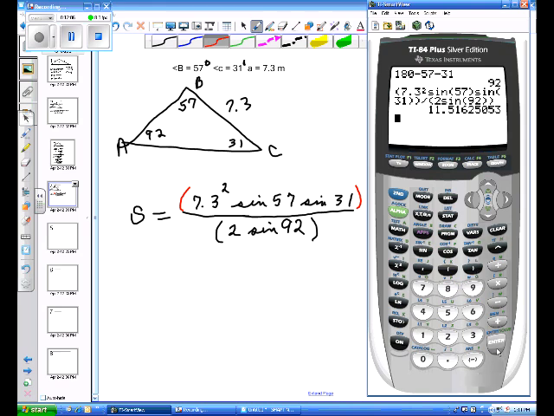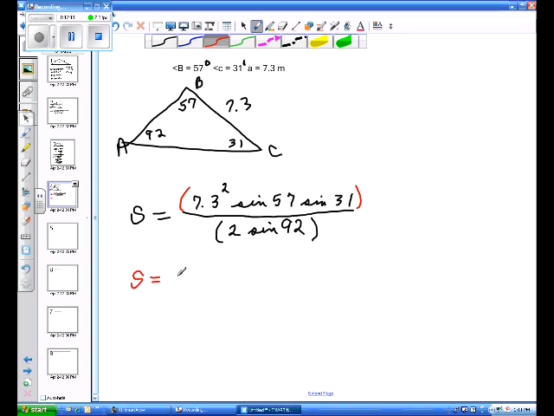So our area would be 11.5 square meters. So again, that's a fairly easy formula to use.